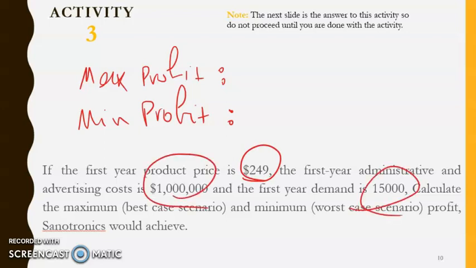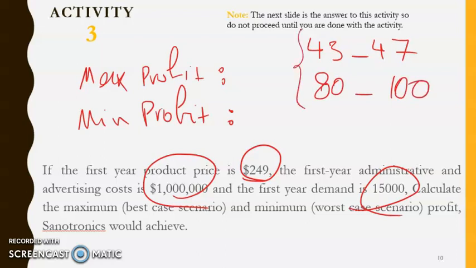So what about the remaining two parameters? It means that they are variables with the values we discussed before. So about the labor cost, it is between 43 and 47, and for the parts cost it is between 80 and 100. Random variable, and now it's asking you for maximum and minimum profit. Pause the video and do your best.